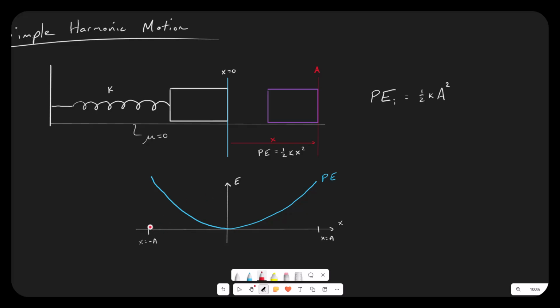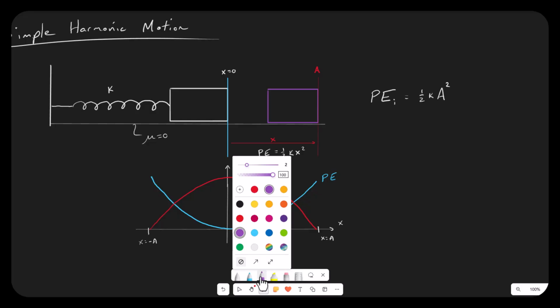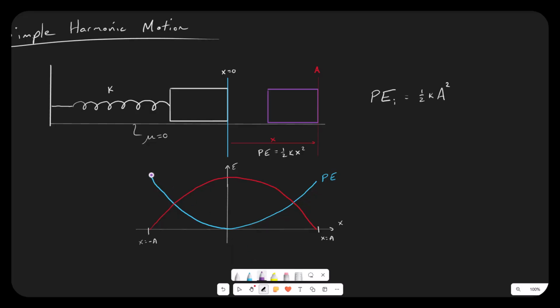In the middle, I will have all kinetic energy. But what I get is something that looks like that. If I take my total potential energy and my total kinetic energy and add them up, I get one set energy value the whole way across.